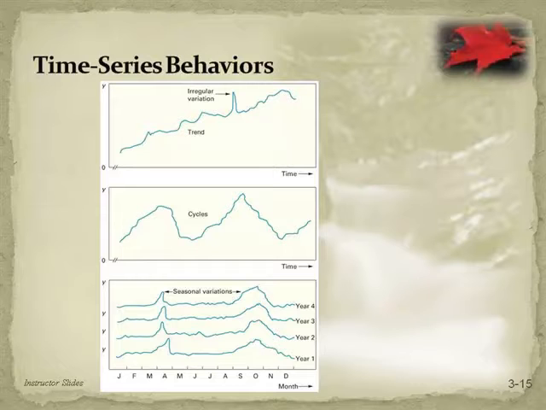Now the middle graph shows the definition of a cycle. A cycle is a pattern where we have an increase, and then a decrease, and then another increase. It looks a little bit like a roller coaster, except the time between a cycle, such as the top of one peak to the top of another peak, is measured in years.